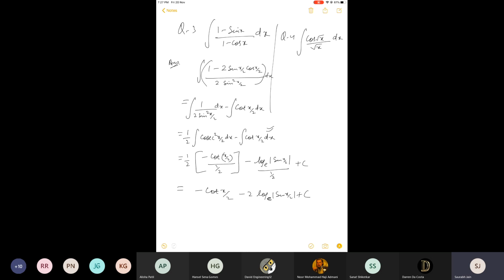So using trigonometric formulae, I have changed it into a standard formula. We have integration of cosec square studied earlier, and integration of cot we learned today. Compare with that and then you can write the formula. No need of substitution, because integration of cot has already been derived using substitution.